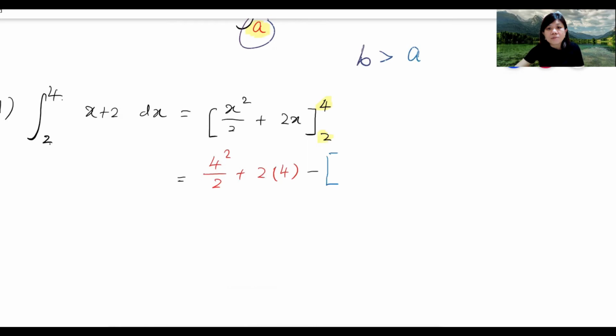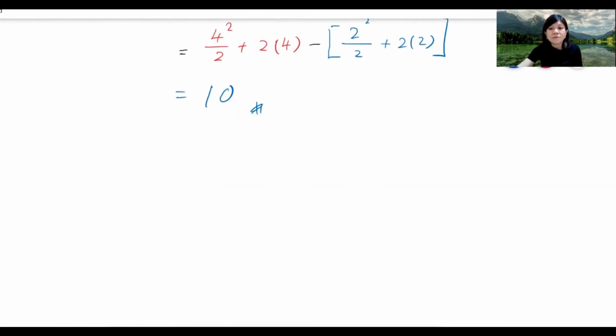Please always remember to put a bracket, because when you do subtraction and you don't put a bracket, the chances of you making a mistake are quite high. So just make sure that you put this bracket. Using a calculator to calculate, you're going to get the answer equal to 10. And always remember, the upper limit should subtract the lower limit.